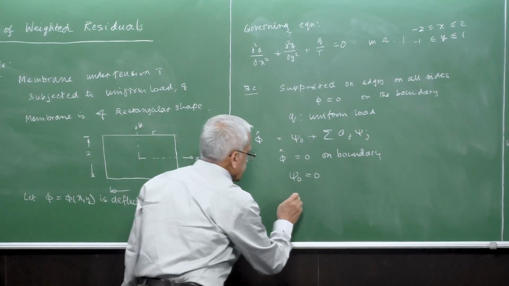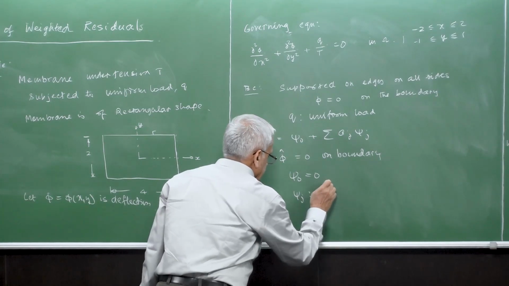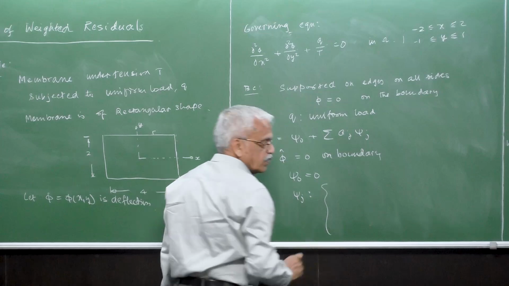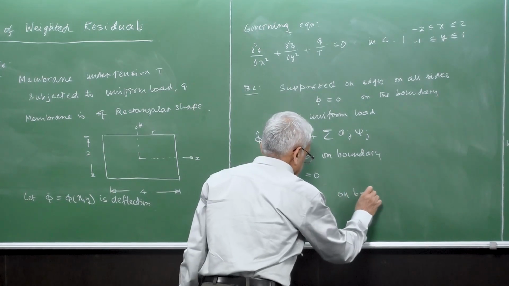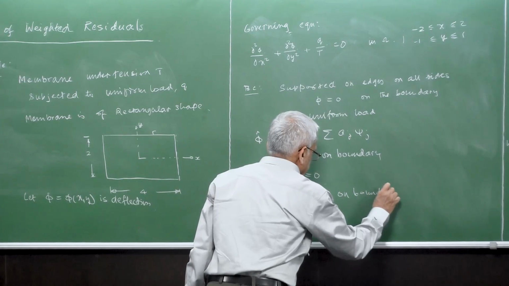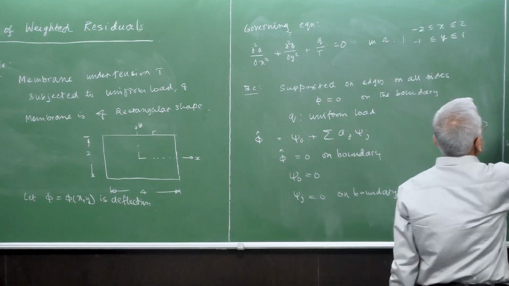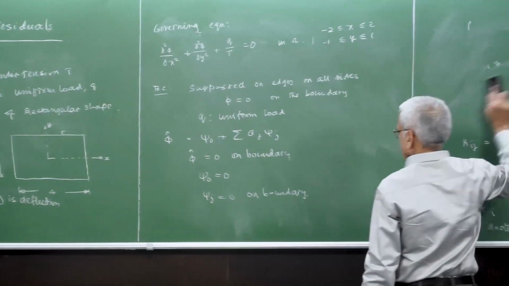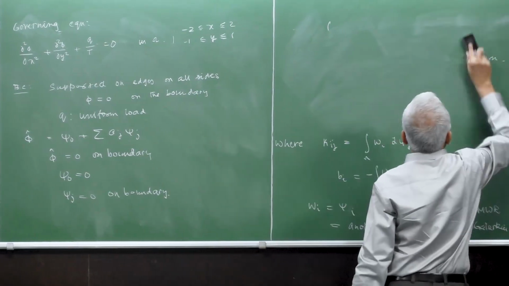And what about psi j? The set psi j has to be equal to 0 on the boundary. So we say that it is a homogeneous type of boundary condition. All right. So if this is the case, then what are the suggested values for these functions?